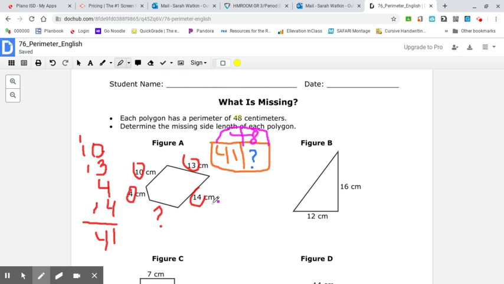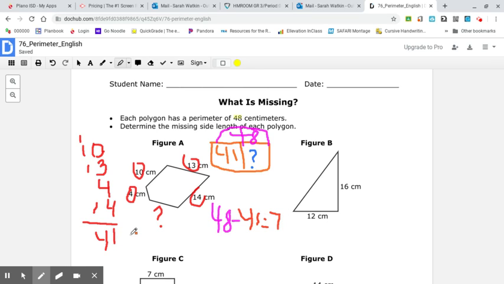So now what I'm going to do is I'm going to take the total, subtract what I already know, which is 41. Usually I'd write this up and down, but since this one I can actually do in my head, I'm going to go ahead and leave it sideways. It equals 7.